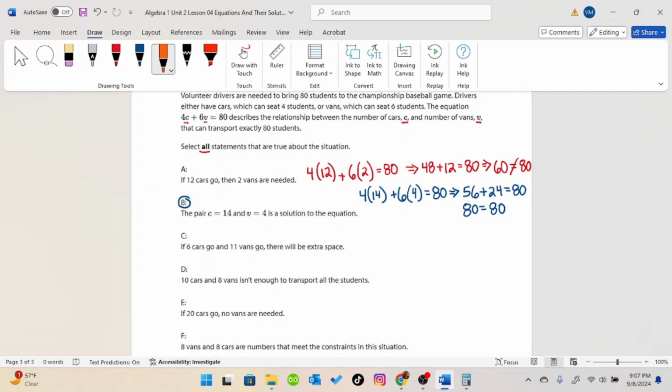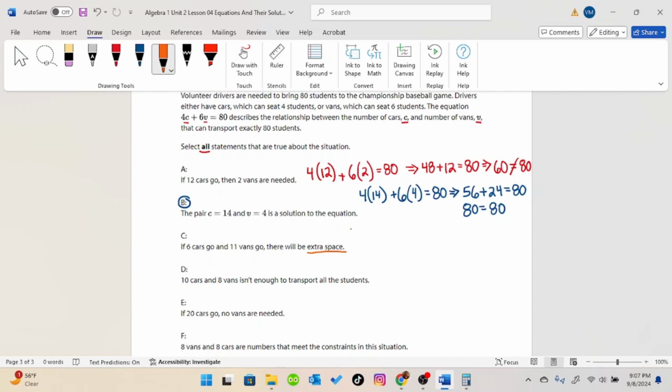Choice C. If 6 cars go and 11 vans go, there will be extra space. In order for there to be extra space, this would need to be less than 80.